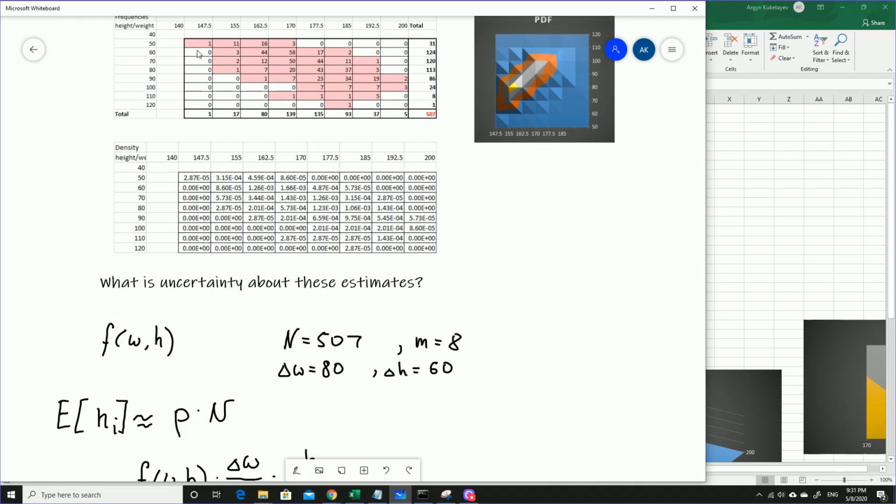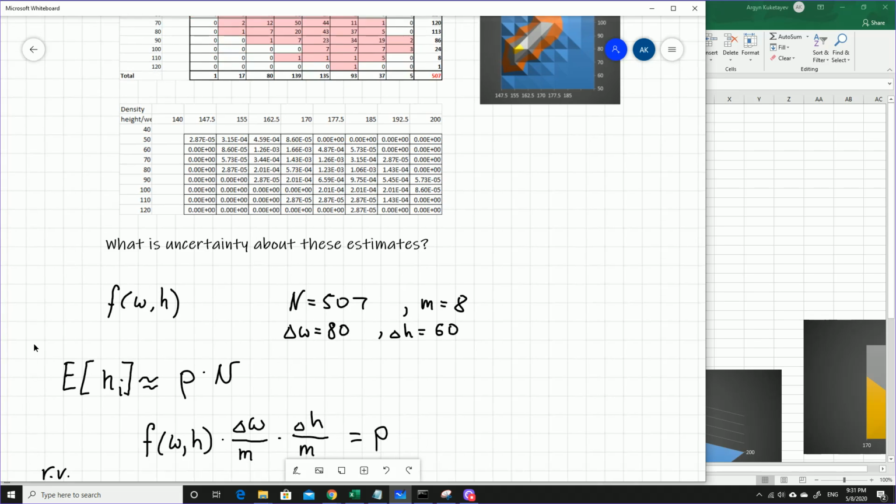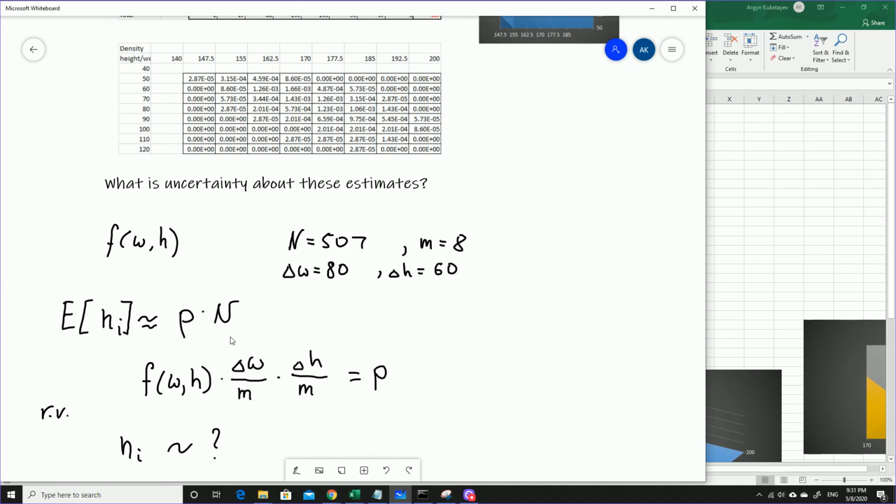And the area is going to be height and weight. So in this case weight is 40 to 50, which is 10 kilograms, and height is going to be 140 to 147.5, so 7.5 centimeters, right? Here I'm using M, which is 8, and delta W and delta H, their ranges. So that would be the probability.